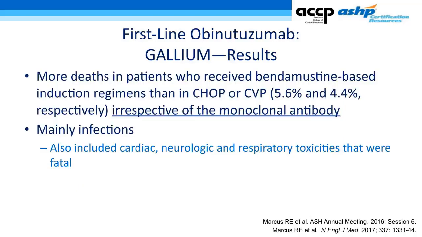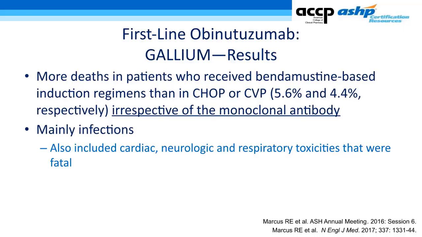One unique finding of the GALLIUM study, however, was that there were more deaths in patients who received a bendamustine-based regimen than in CHOP or CVP, and this difference was irrespective of the monoclonal antibody. So regardless of whether the patient received Rituximab or Obinutuzumab, if they had received bendamustine, there were more deaths than in the other 2 combination chemotherapies.